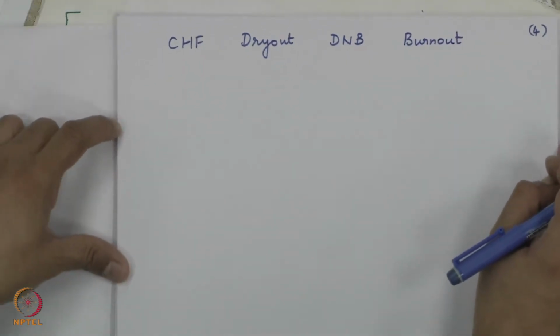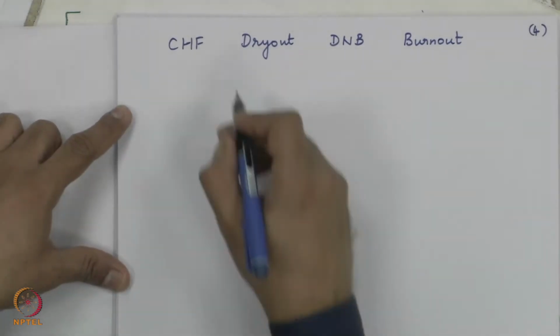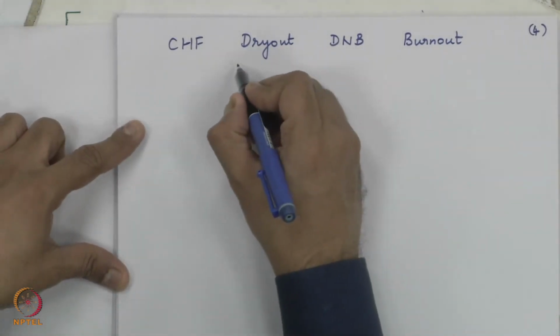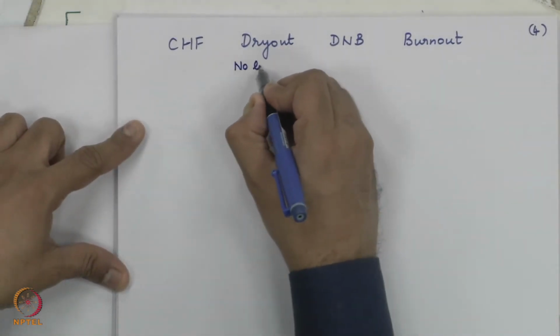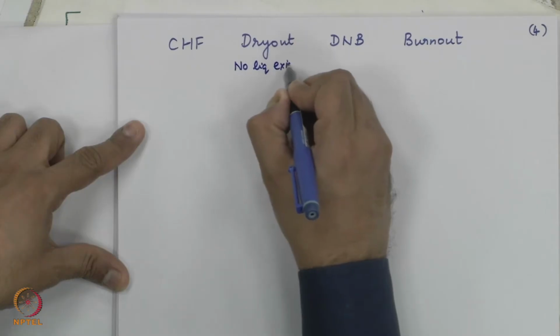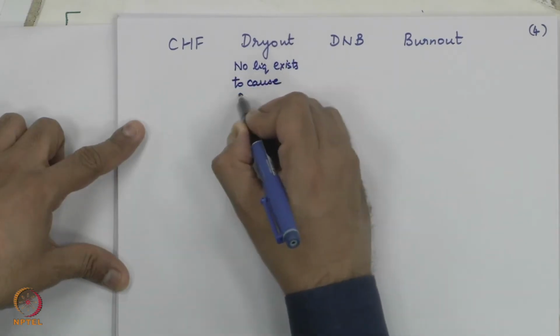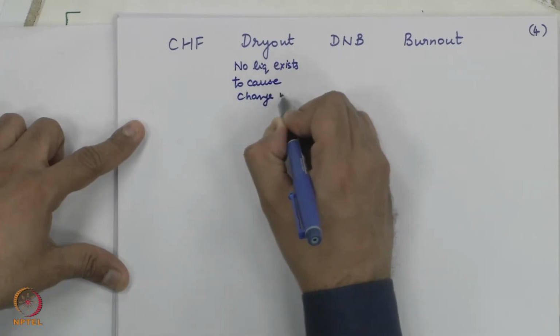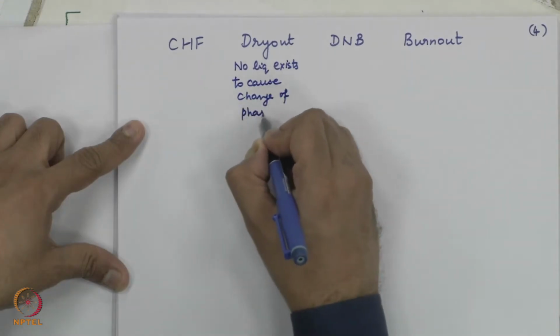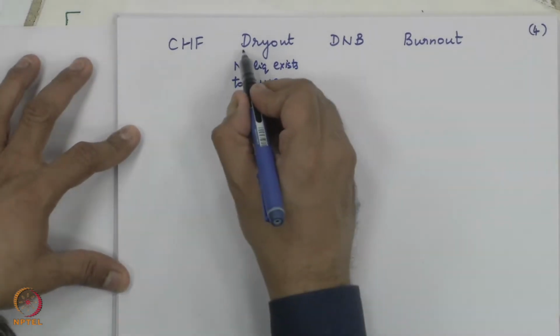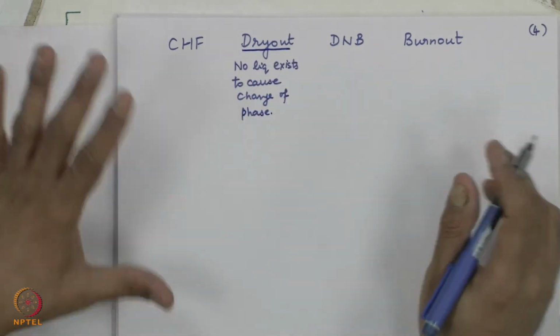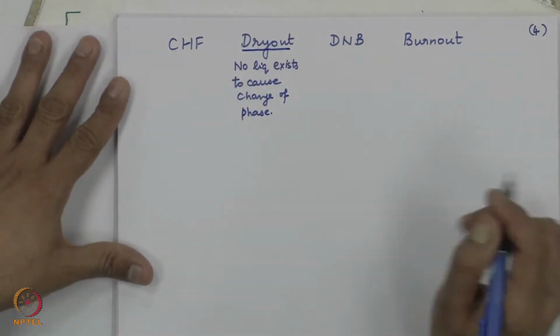Unfortunately, we will just try to get a perspective on what each of these is. A dry out, we said, is where no liquid exists to cause change of phase. So, you do not have any more inventory, therefore, we have a situation called dry out. The surface is dry.